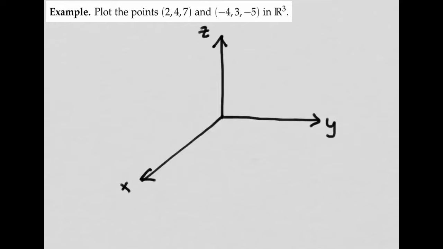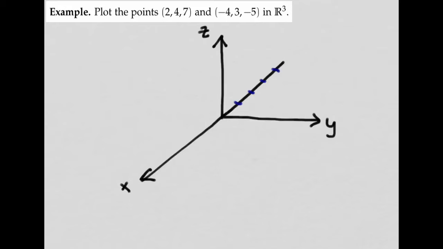The x-coordinate is -4, so I'm going to have to go 4 units in the negative x direction. So let's extend the x-axis in the negative direction. So we need to go -4 in that direction, -1, -2, -3, -4.